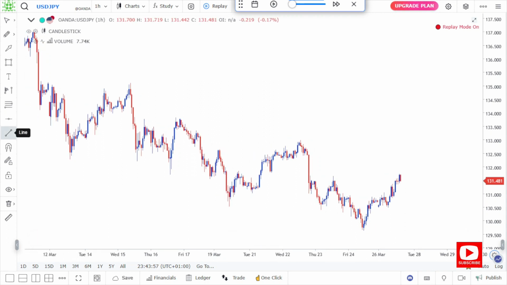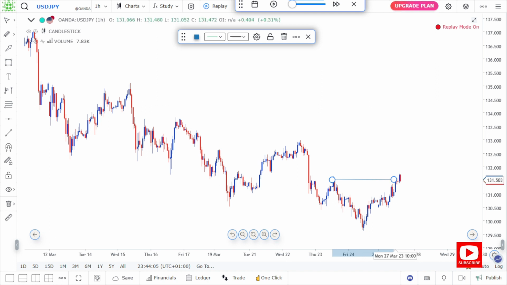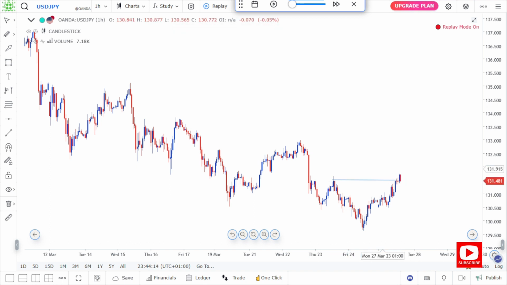Now as we can see right here, this is the latest high, which got broken. Once that kind of thing happens, we should expect a Quasimodo pattern, as we have had a break of structure.